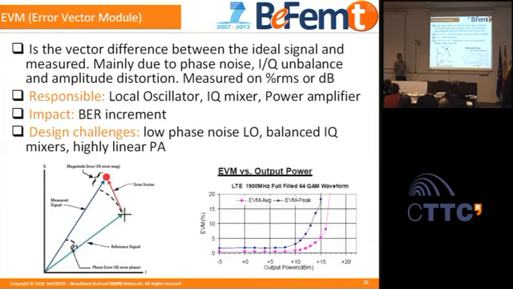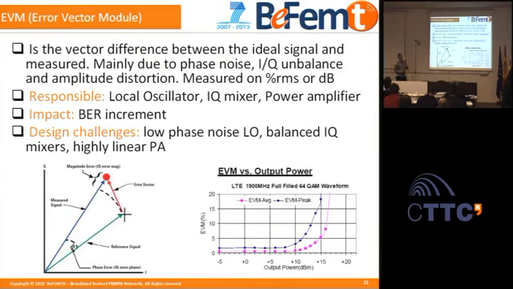The next parameter you can see on a transmitter is the error vector magnitude, which is defined as the vector difference between the ideal signal and the measured one. As indicated previously, if you want to transmit this symbol and you have an error vector magnitude, the symbol ends up here. This part is called the error vector magnitude. It is normally measured as a percentage of RMS.